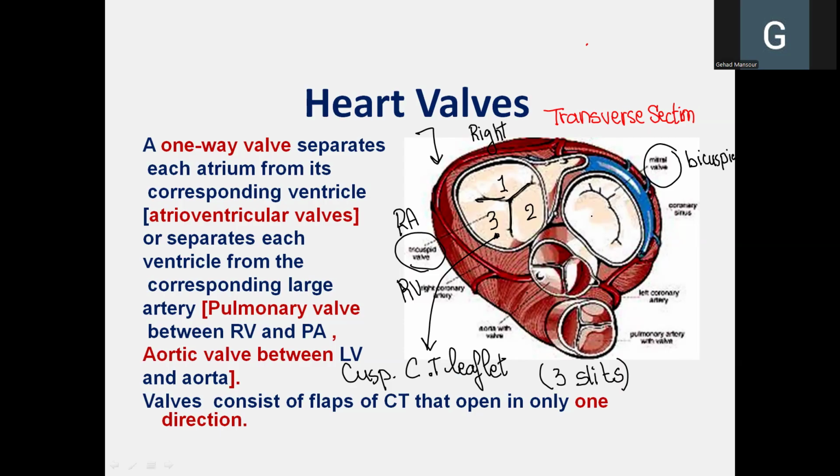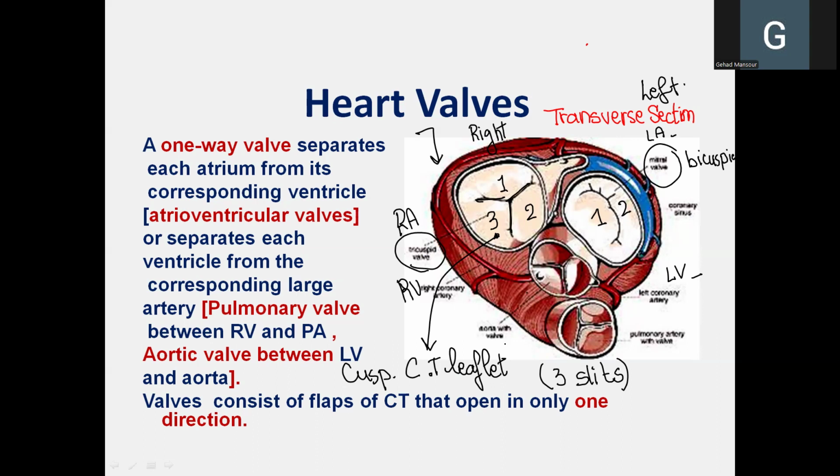The bicuspid valve has only two connective tissue leaflets, or two cusps, and it separates the left atrium above from the left ventricle below. Of course, we don't see the atrium and the ventricle, because we are just seeing the section at which the four valves are present. So it regulates the flow of blood from the left atrium to the left ventricle. Here we are talking about the left side.